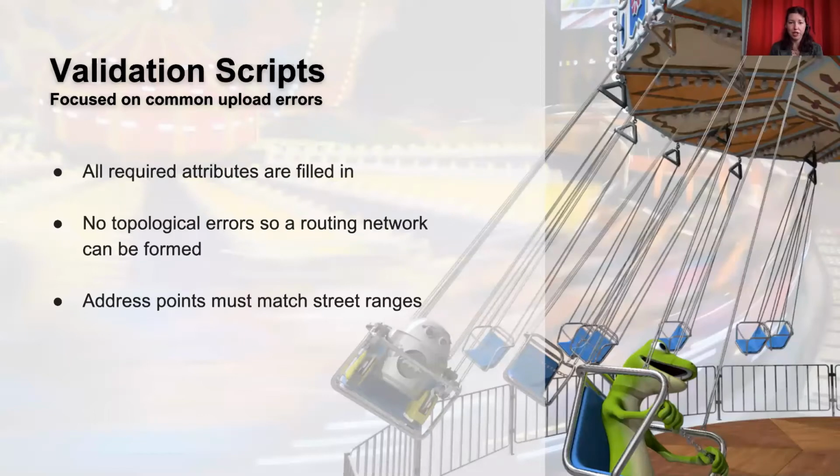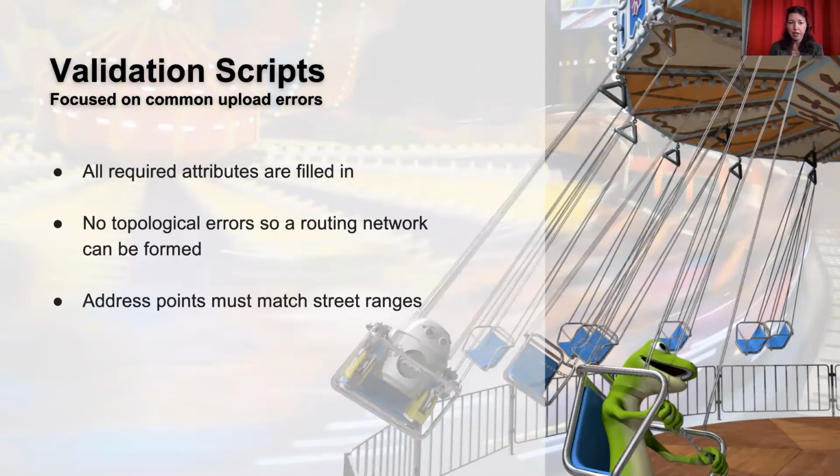Then once that's finished, we'll run some of the validation scripts. To do that, I focused on some of the common errors that we would have with FDM. FDM will throw an error for all null values. For example, speed limits cannot be null, so we have to make sure that there's a value there.